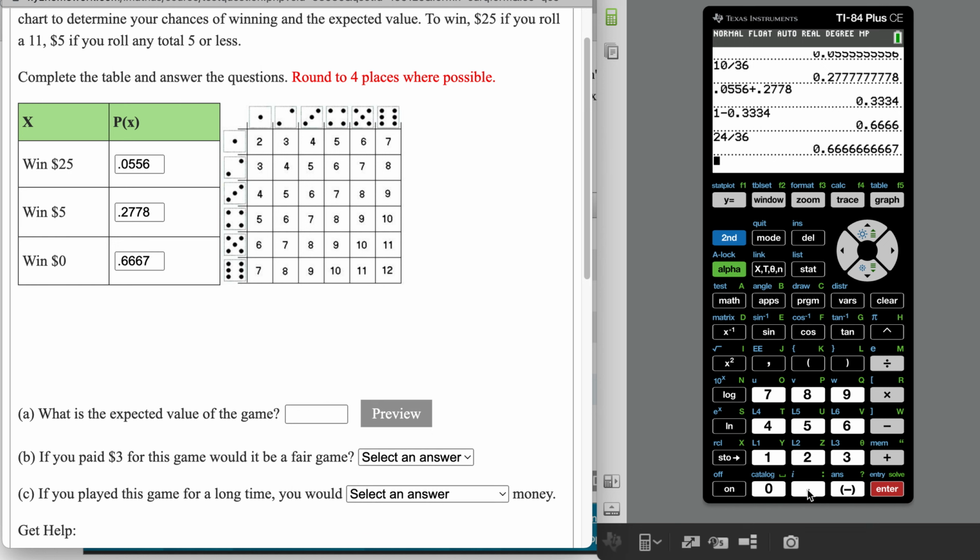So I'm going to take 0.0556 and multiply it by 25. Then I'm going to take 5 and multiply it by 0.2778. And then I'm going to take 0 times this 0.6667. That's going to give me 0, so I don't have to worry about that one. And then I add everything up.